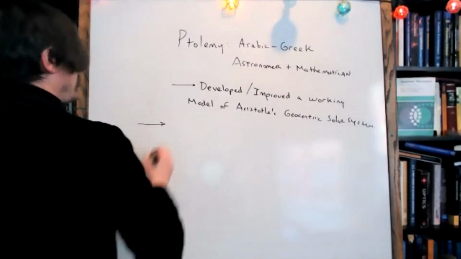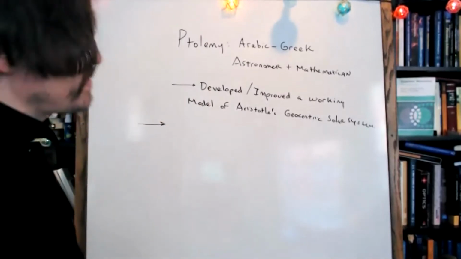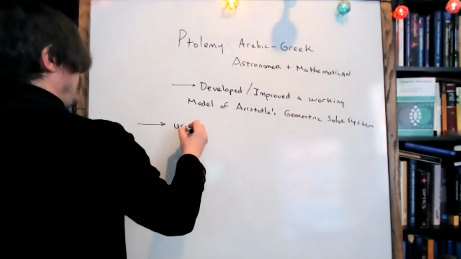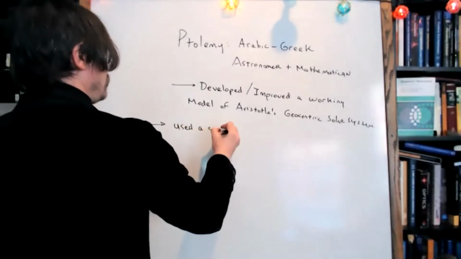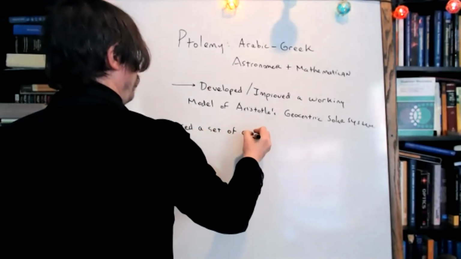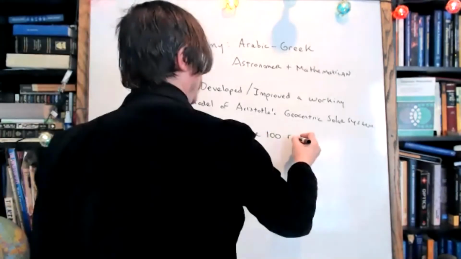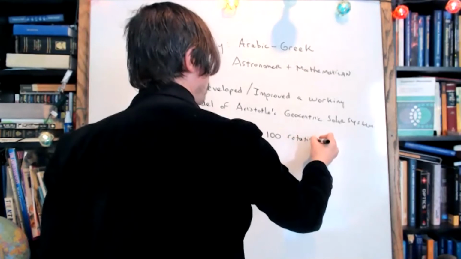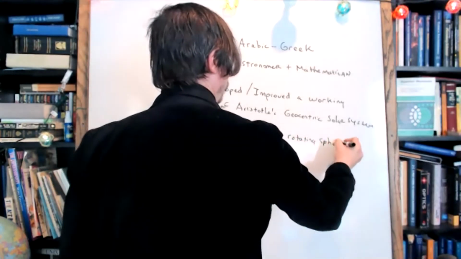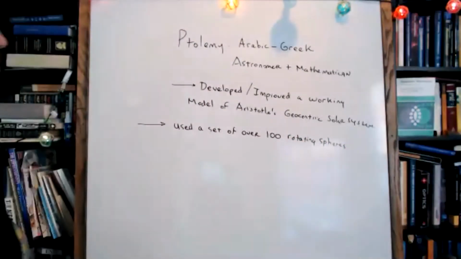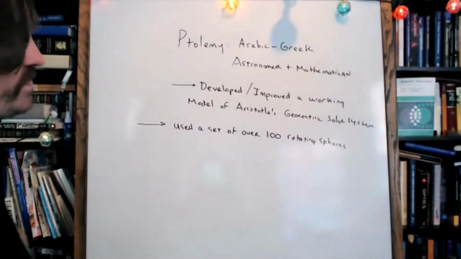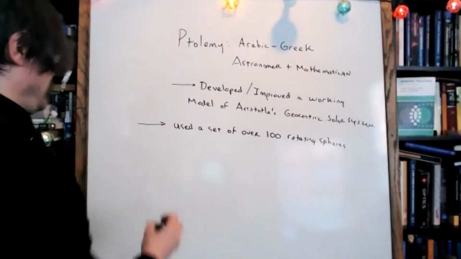He famously required even more epicycles to pull it off. He used a set of over 100 rotating spheres to pull this off. But what was crazy about this model is that it actually worked.